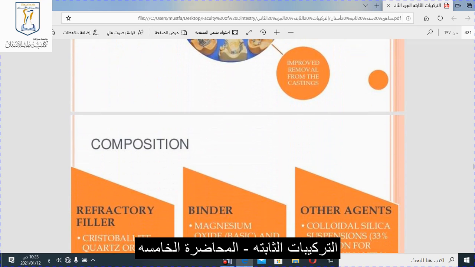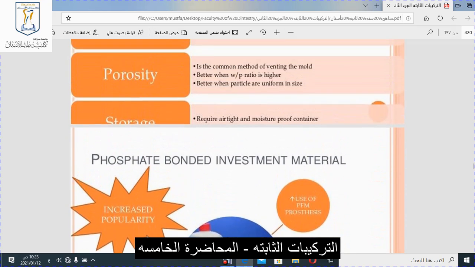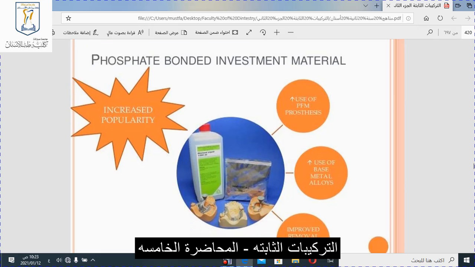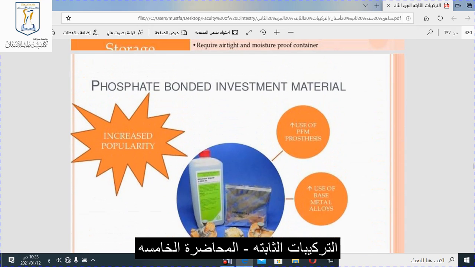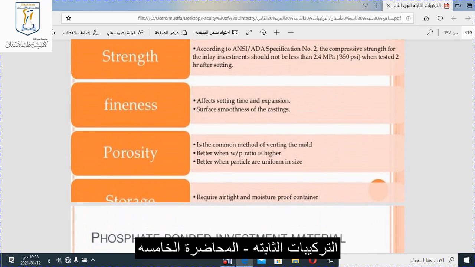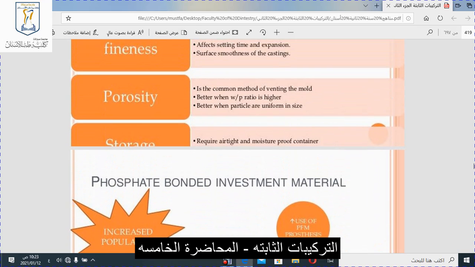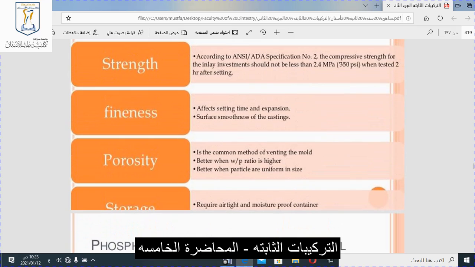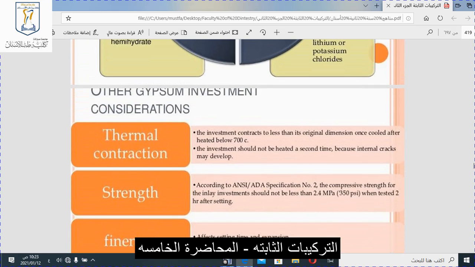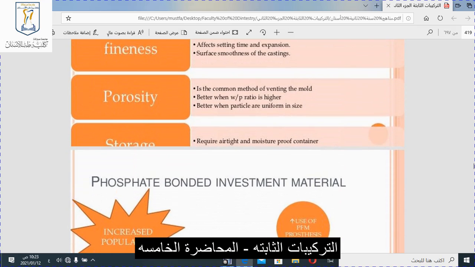So we have to select silica gel as the liquid to give a smooth cast, because in the case of water used in phosphate bonded investment, it evaporates early and causes a bubbling effect, or the surface of the cast will be rough. And it is difficult to finish it when it is in the metal after casting.